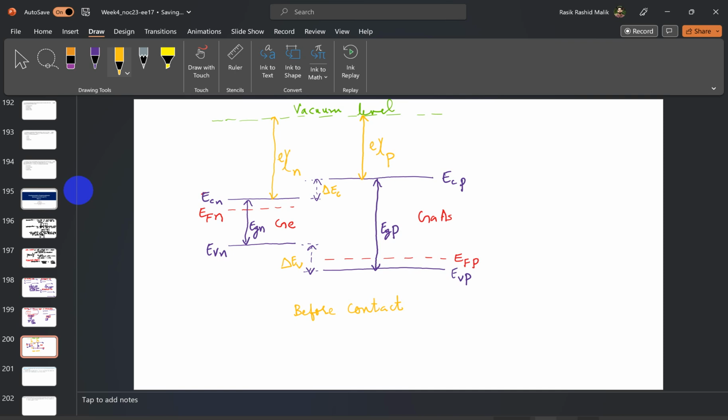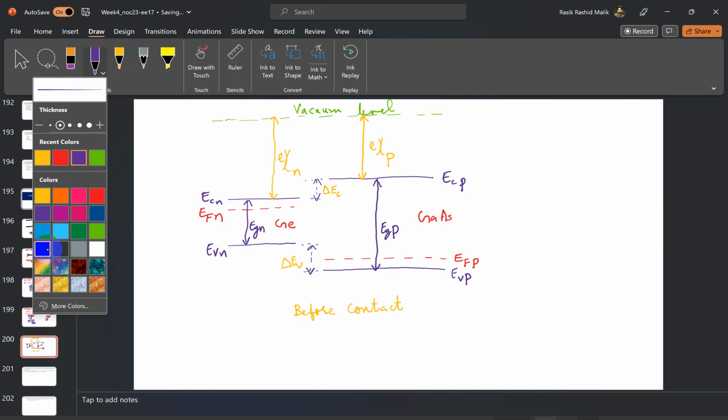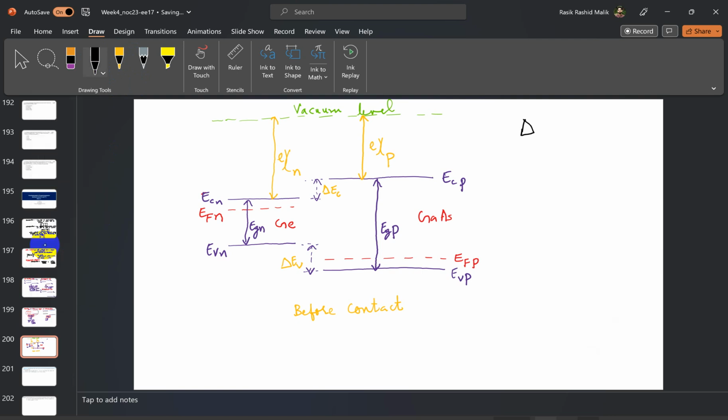Okay, and in case of ideal heterojunctions, in this diagram we have shown delta EC and delta EV. Let us try to calculate what delta EC and delta EV will be. Let me use black color here. So the discontinuity in the conduction band energy.